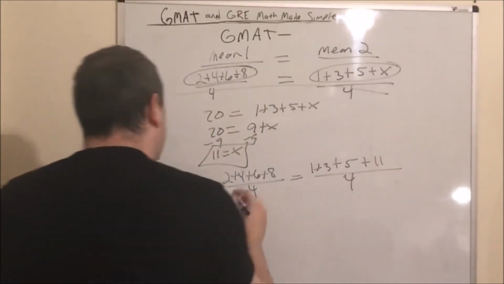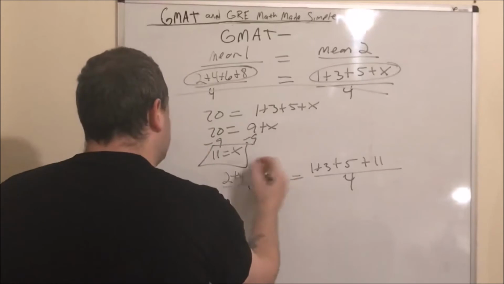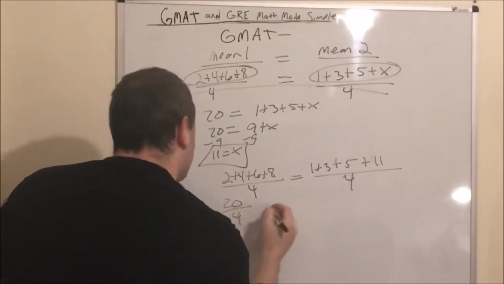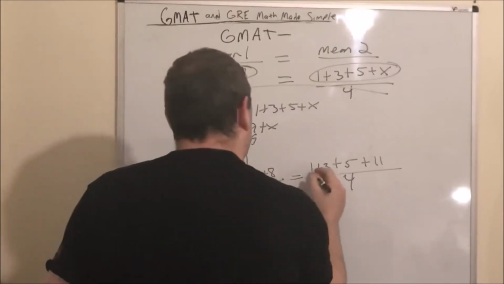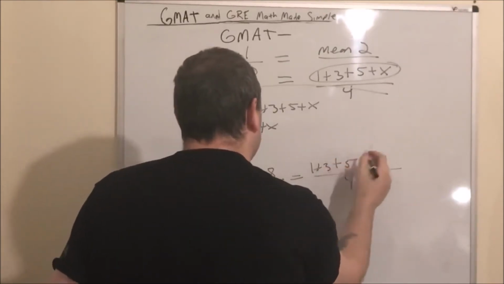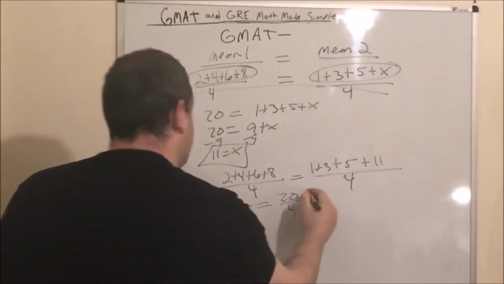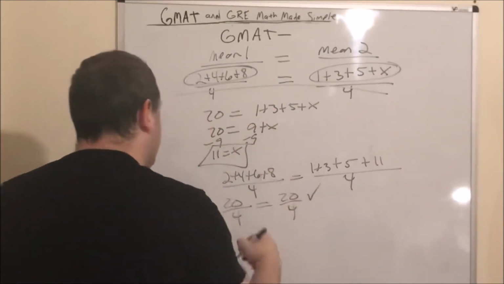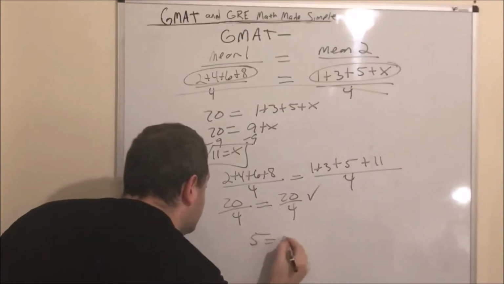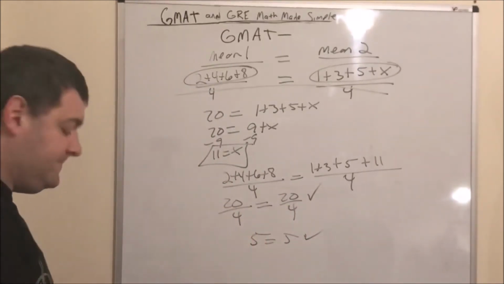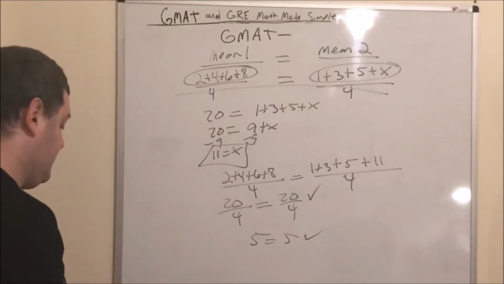Okay, so as we know what the top is, we have 20 over 4 equals 1 plus 3 plus 5 plus 11 also equals 20 over 4. Now at this point you can say yes, or if you want to go down a little further, it would be 5 equals 5, because it reduces down to a lower number, an easier number to remember.